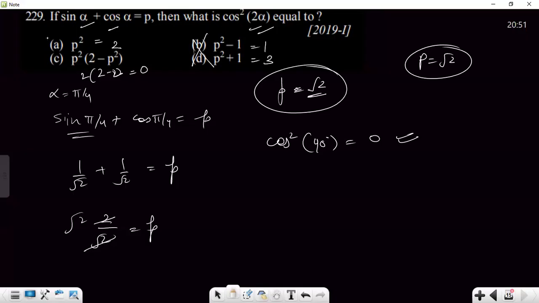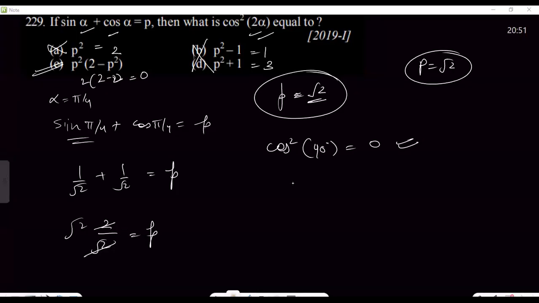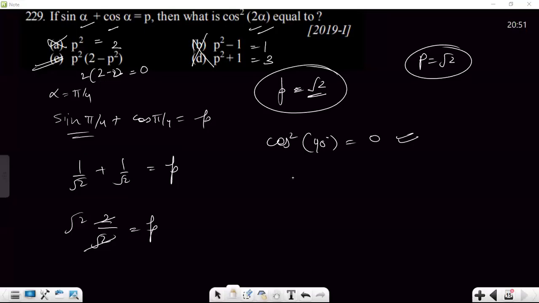So options B, D, A are not matching, only option C. So option C becomes our correct answer. Okay. Is the question clear? Yes, sir. Okay, then let's move ahead to the next.